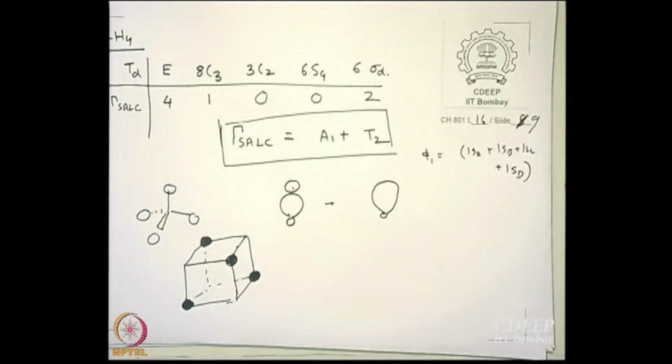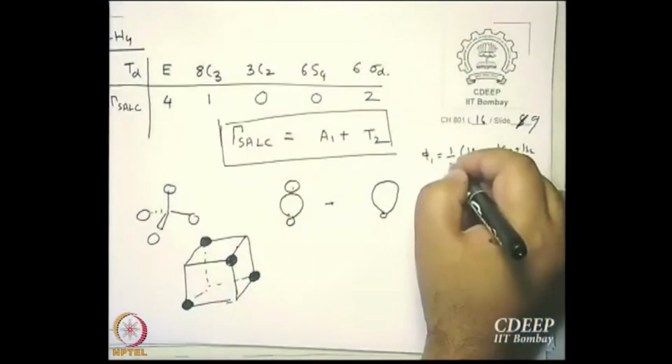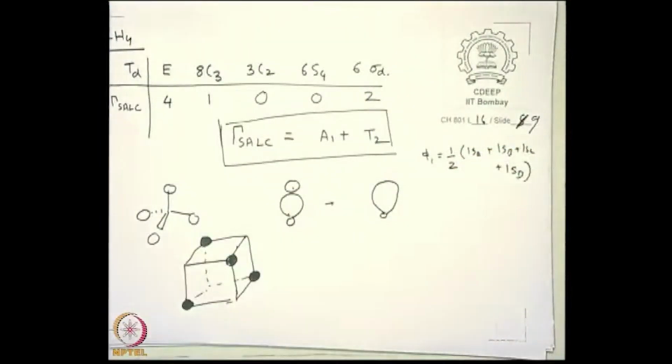What will be the normalization constant if I want this to be normalized? Half or 1 by root 2 or 1 by 4? Okay, we have agreement up to here. Should I put the root sign or no?